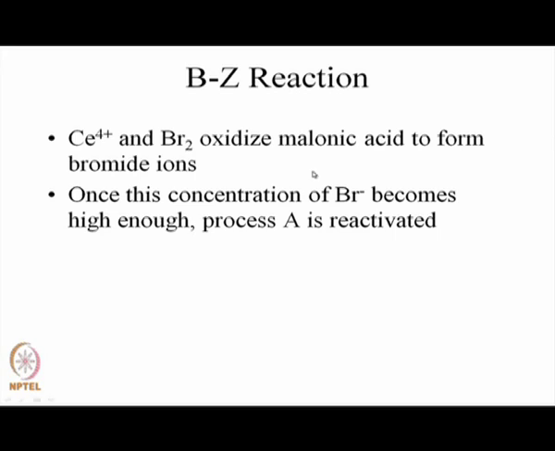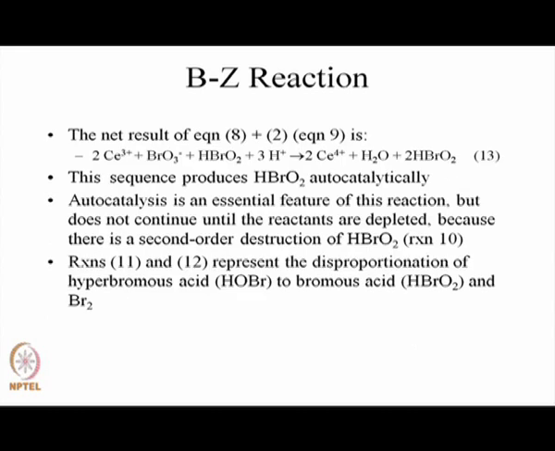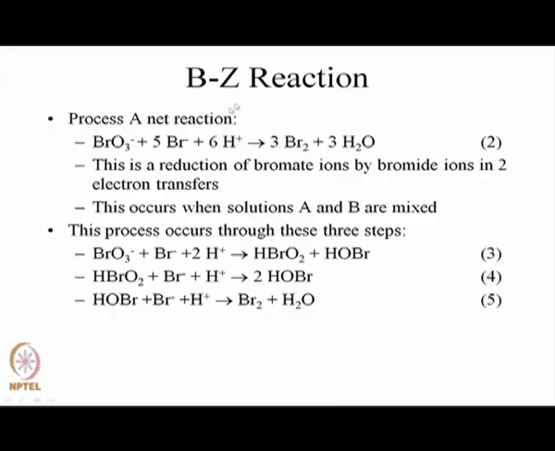Okay. So automatically with Br minus concentration, process A is reactivated. So again go back to process A. You see here, this is your process A. So it requires Br minus. So these steps are again prevalent.